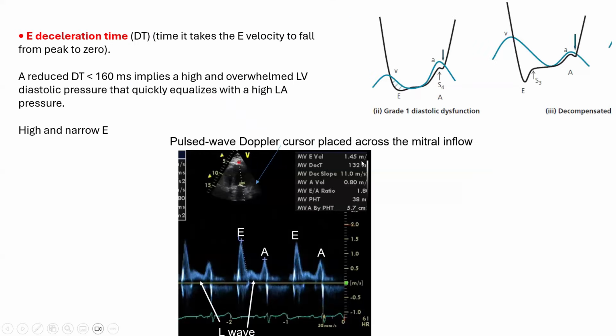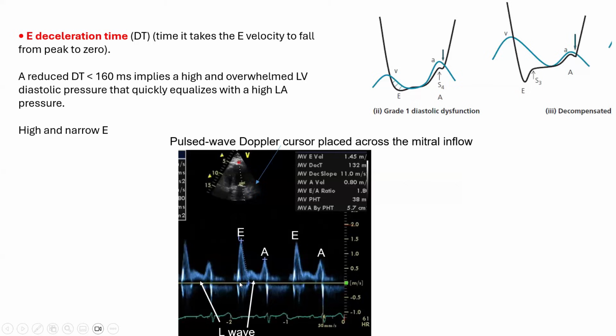Now I will discuss some other parameters that are useful and included in the expanded 2025 guidelines. And I will loop back to the mitral inflow and describe the E deceleration time. So I mentioned that when you have high left atrial pressure, you will have a big E wave, as you may see here.